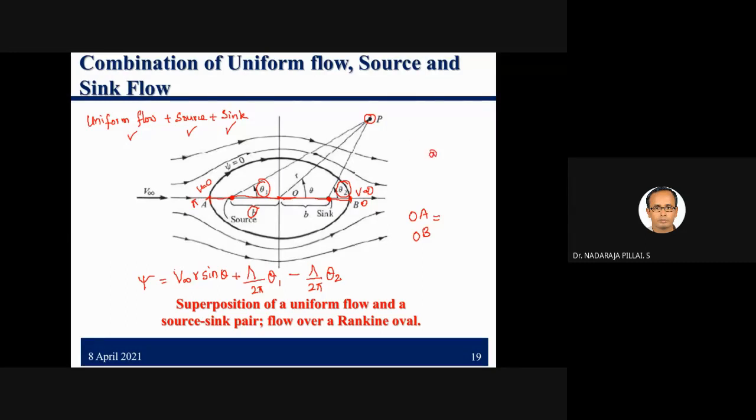So the good point is that theta is equal to 0 and theta is equal to pi are these stagnation points. You have to think whether this stagnation point is really possible. The two stagnation points are possible. You need to think about it. And I am interested to know what is the distance OA and OB. Both are equal.